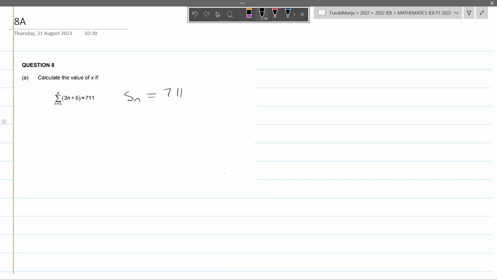We can start off by calculating the number of terms of this sigma notation. So we know that the number of terms is top number minus bottom number plus 1. So n, which is the number of numbers we are adding up, is related to x by the formula n is equal to x minus 2.